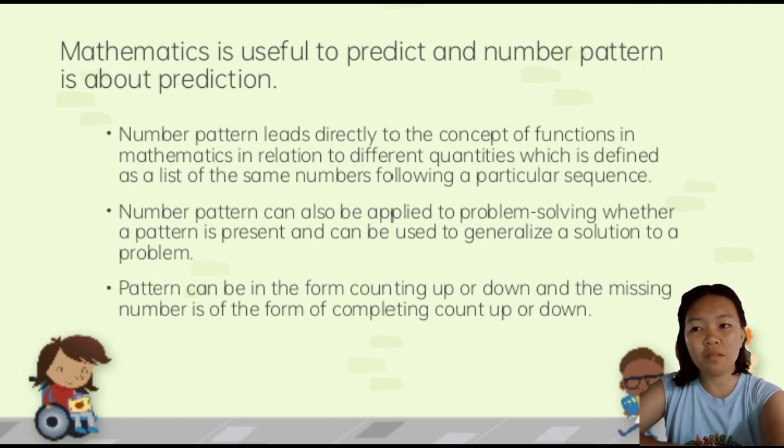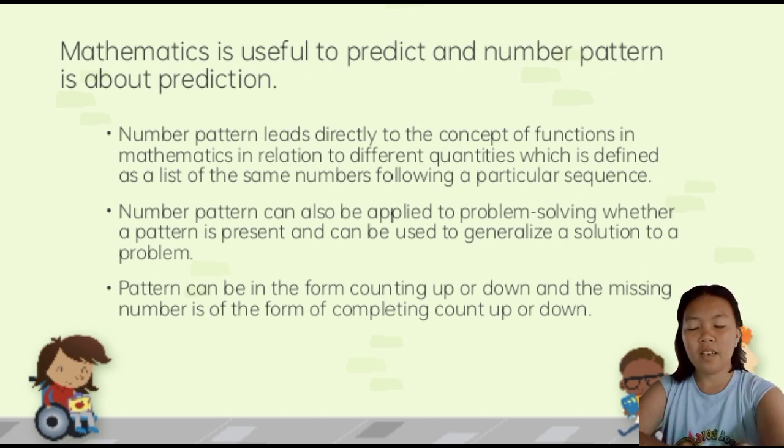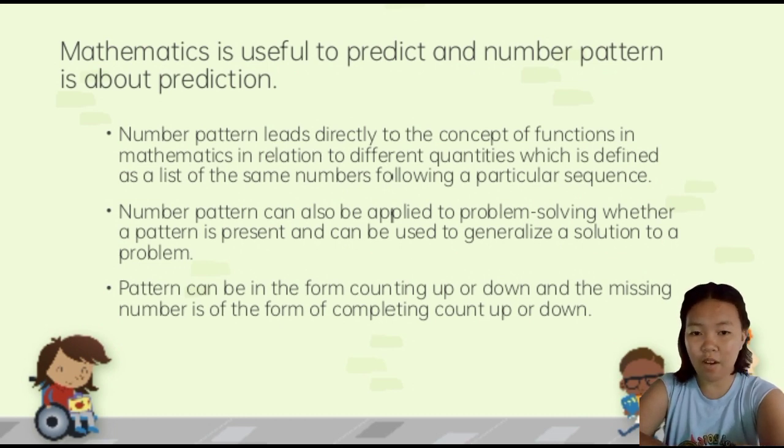Number pattern can also be applied to problem solving, whether a pattern is present and can be used to generalize a solution to a problem. Pattern can be in the form of counting up or down, and the missing number is the form of completing the count.